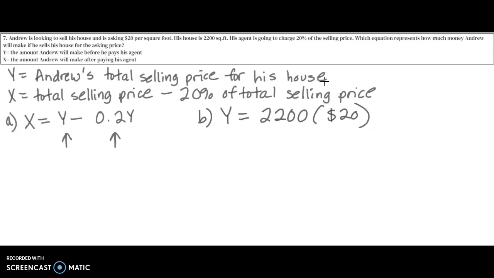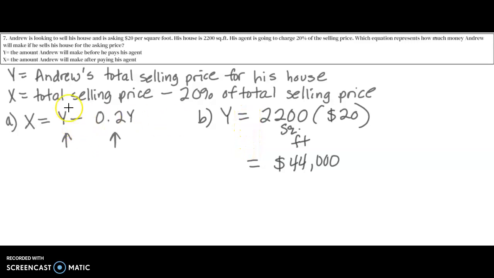So $20 multiply 2,200 square feet is equal to 44,000. That's how much Andrew's total selling price for his house would be.